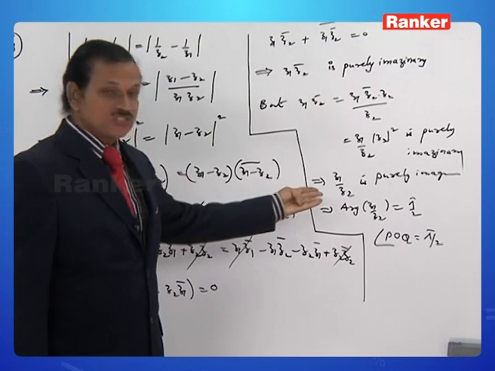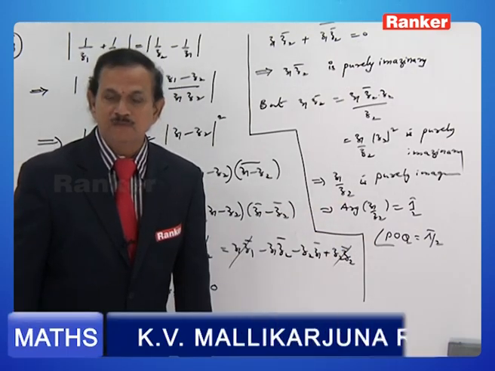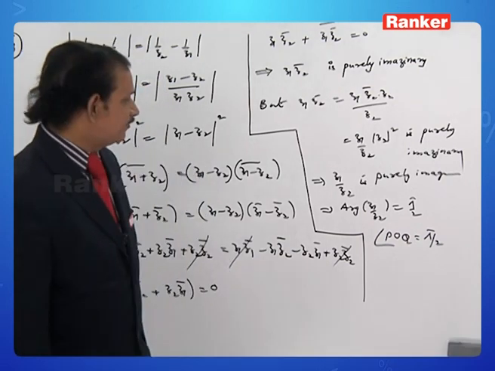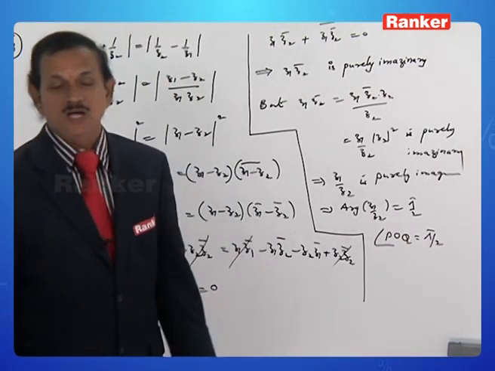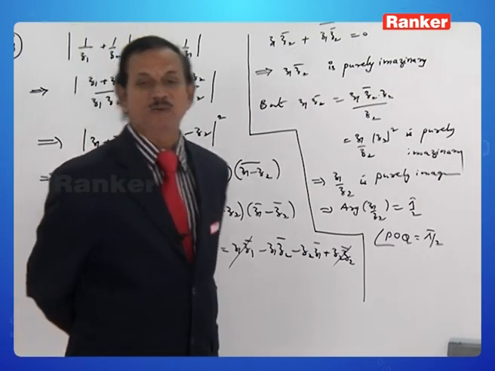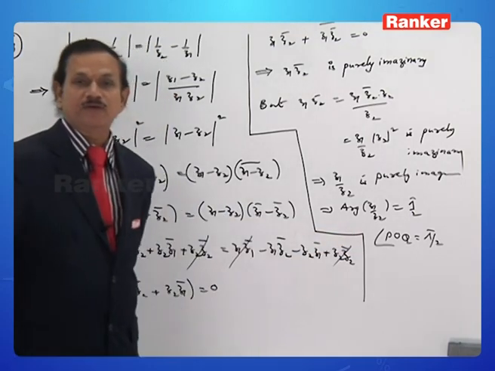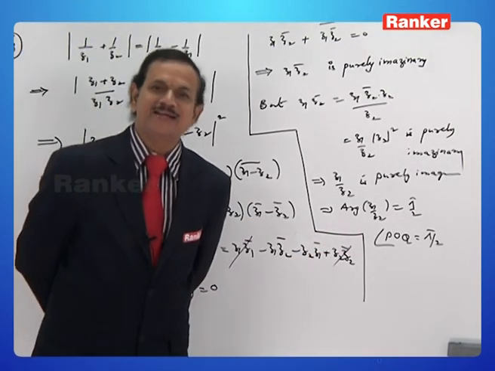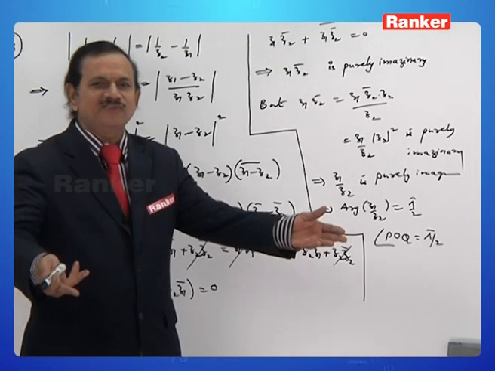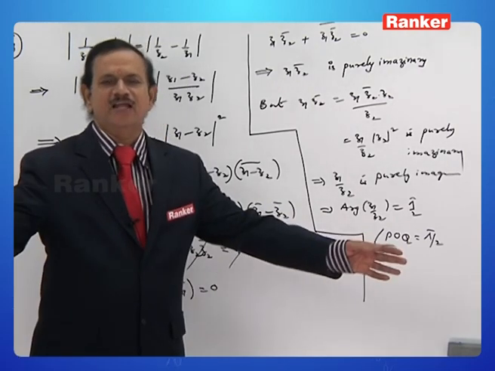That is a valuable step which we could have achieved at the last. From which step are you able to have Z1 by Z2 is purely imaginary? It does mean that argument of Z1 by Z2 is pi by 2. And by looking at this step, angle POQ is 90. It is a right-angled triangle, of course, right-angled at the origin.